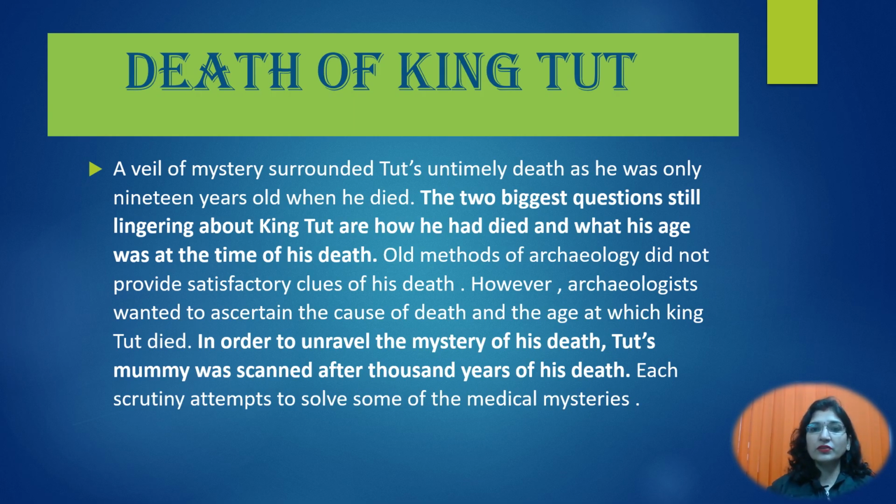However, archaeologists wanted to ascertain the cause of his death and the age at which King Tut died. In order to unravel this mystery, King Tut's mummy was scanned after 1,000 years of his death. Each scrutiny attempts to solve some of the medical mysteries.